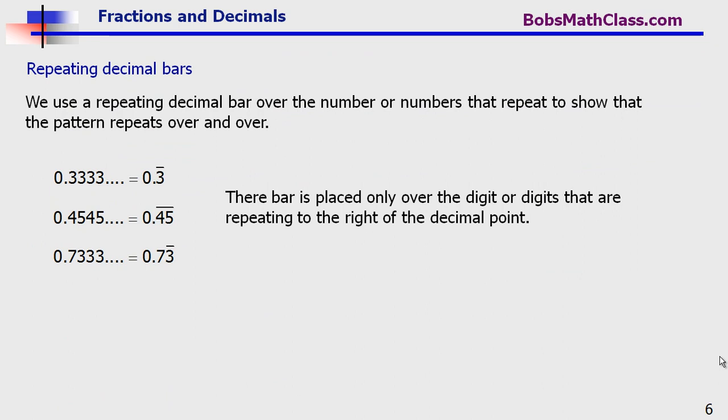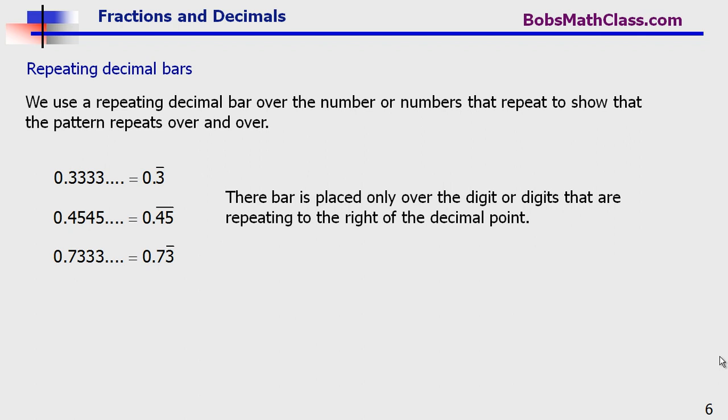Okay, so sometimes we're going to use repeating decimal bars to show that it keeps going on forever. We use a repeating decimal bar over the number or numbers that repeat to show that the pattern repeats over and over. So for 0.333, you simply put a bar over the 3 to say that it keeps continuing.